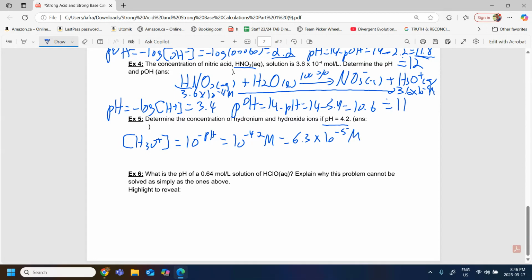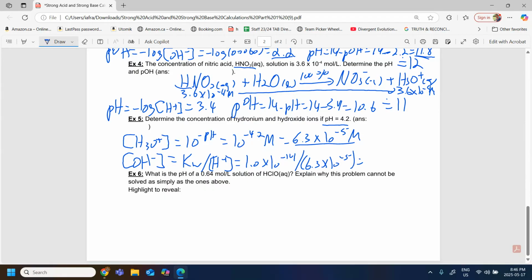Now, once you have the H3O plus, you could find the OH by doing your other relationship, which is the Kw over the concentration of H plus. So that's going to be 1.0 times 10 to the negative 14 over this concentration here, 6.3 times 10 to the negative 5.